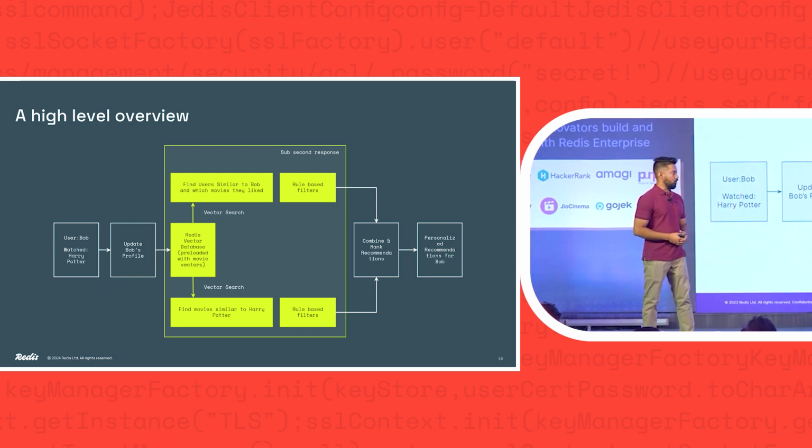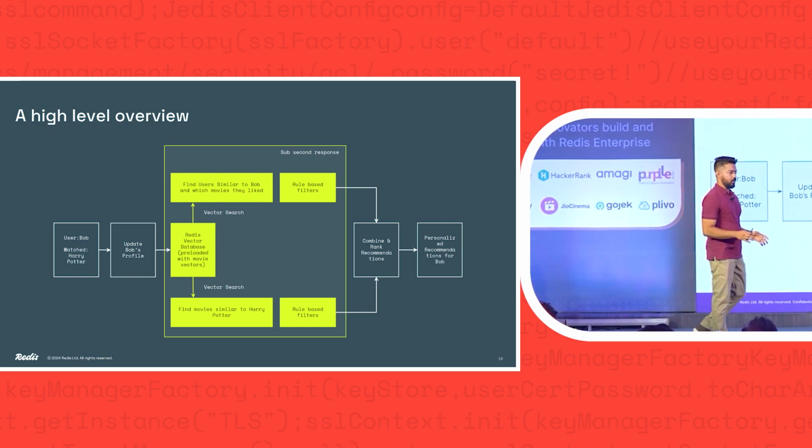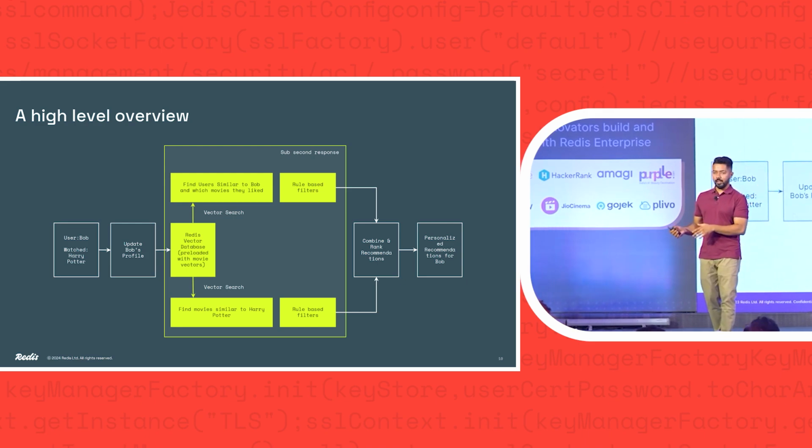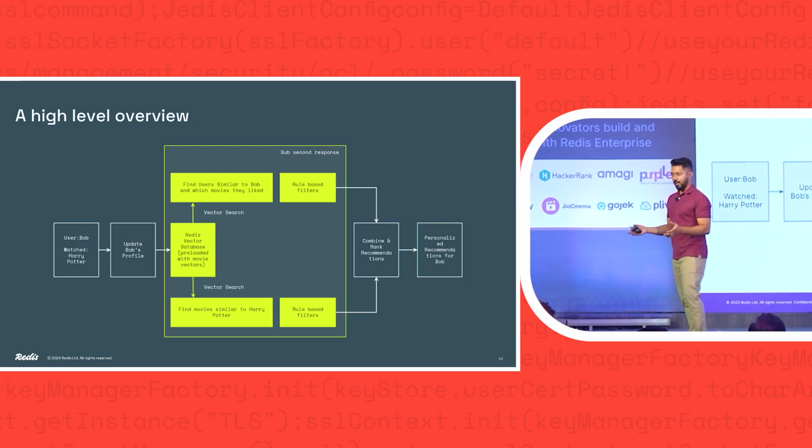First, you see a block of rule-based filters, and this is again probably the biggest advantage of using Redis. The way we give recommendations in the pipeline above and below is also by using filtering in conjunction with vector search. So it is like metadata filtering.